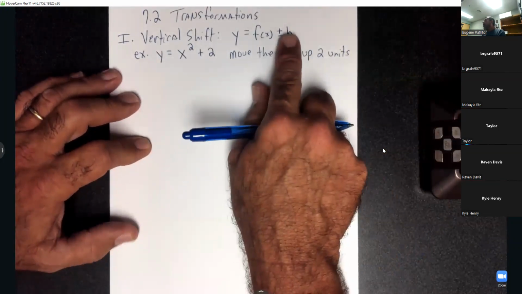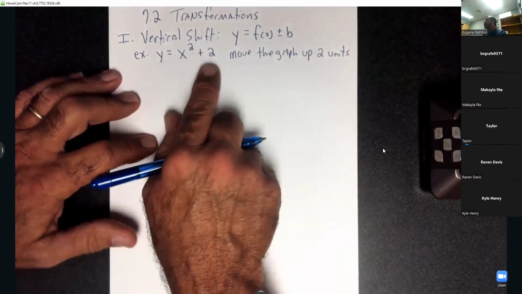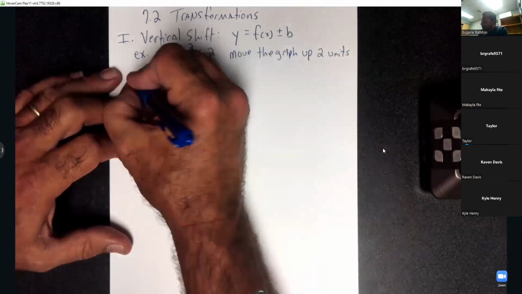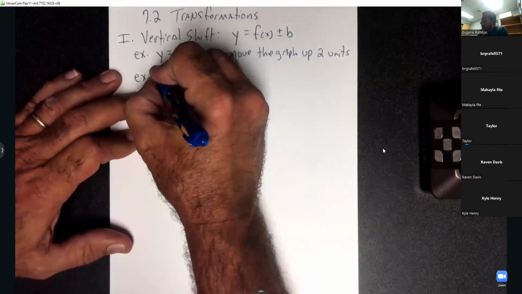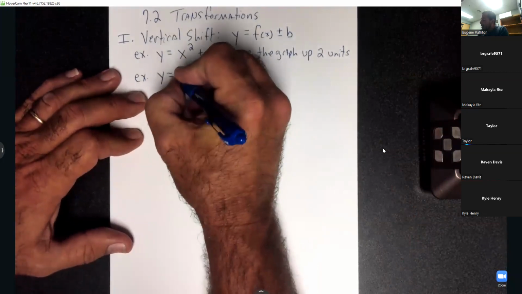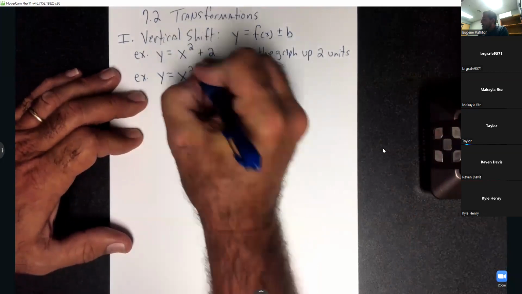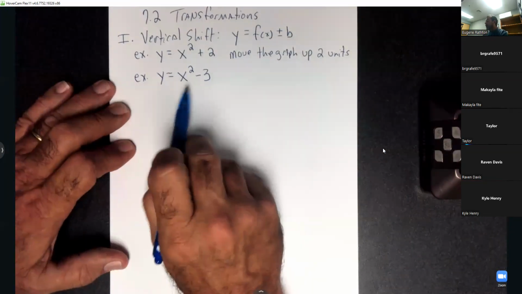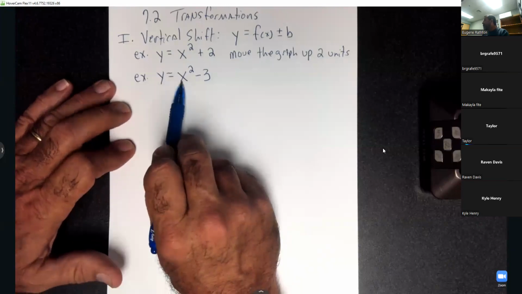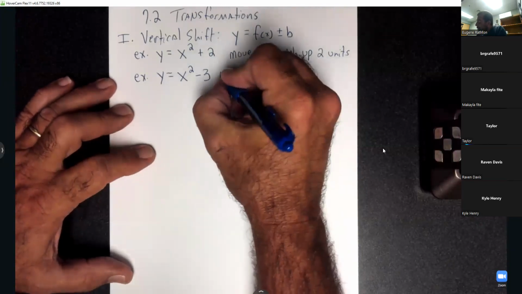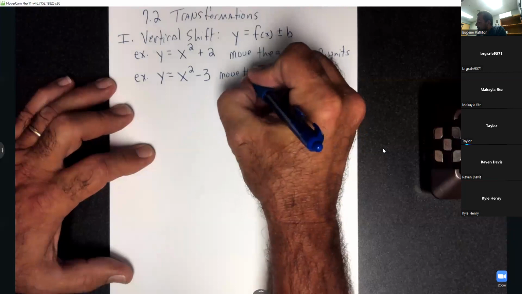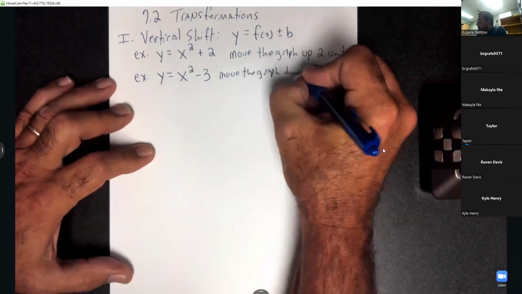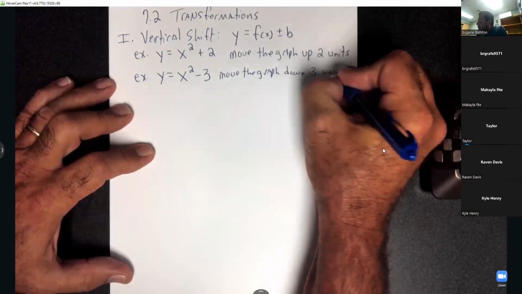So if the b is positive, like this plus 2, it's going to move the graph up. If I subtract from the end, say I took my x squared graph and I subtracted 3, if I subtract 3 from my function, that's going to move the graph down 3 units.